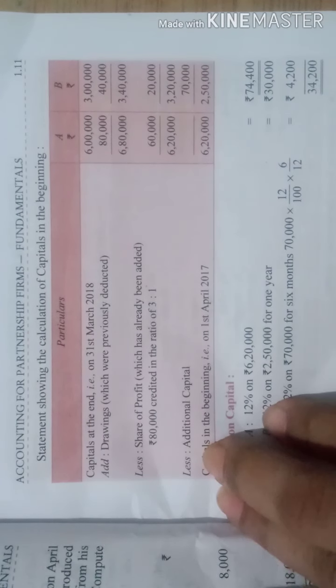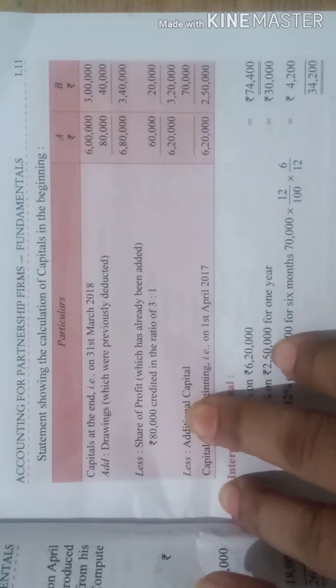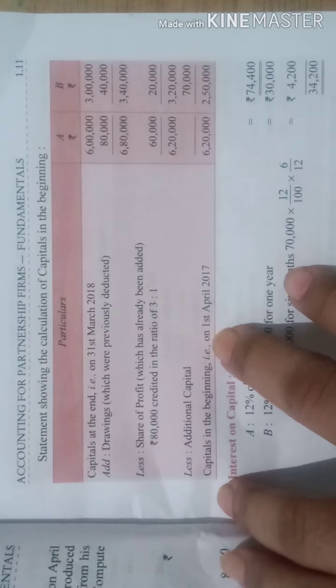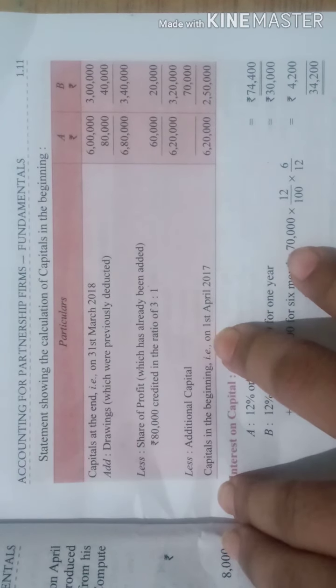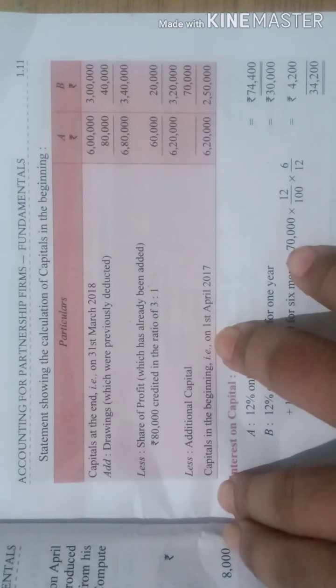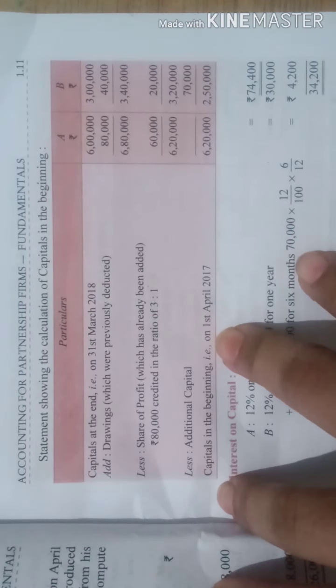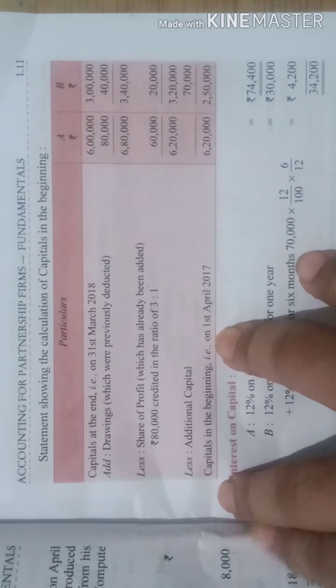Now what will we do next? We will reduce additional capital. Why? Because whatever additional capital would have been added during the complete year, now we don't want the complete year, we want the beginning. So no doubt, if it would have been added in between, we will reduce it.